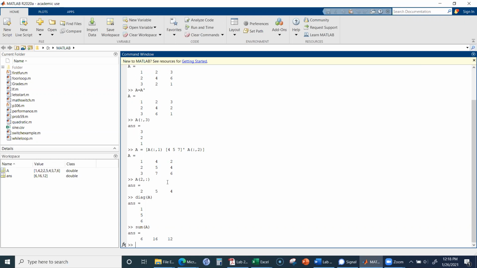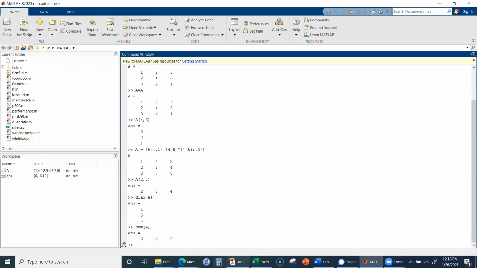So what will be 6? 6 will be 3 plus 2 plus 6, and then 4, then it will be 16, and then 12. So in this way we can get it. Okay, so we can play around with these different functions in MATLAB.